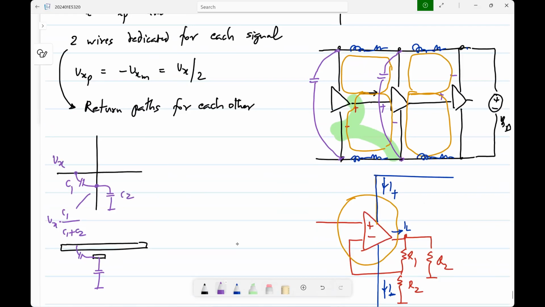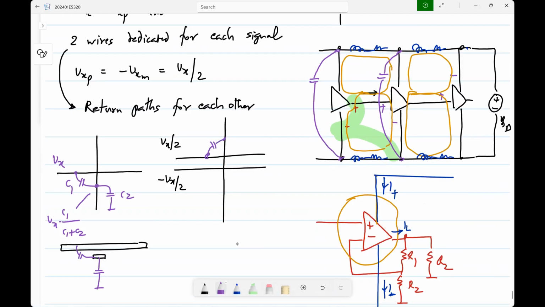Now we can consider two scenarios. Let's say I have Vx by 2 and minus Vx by 2, and I have a wire crossing. And of course, when we say differential, it's not just enough to have two wires. You can't have this wire 10 centimeters long and this wire 1 centimeter long. They are also assumed to be physically symmetrical. The physical layout has to be symmetrical.